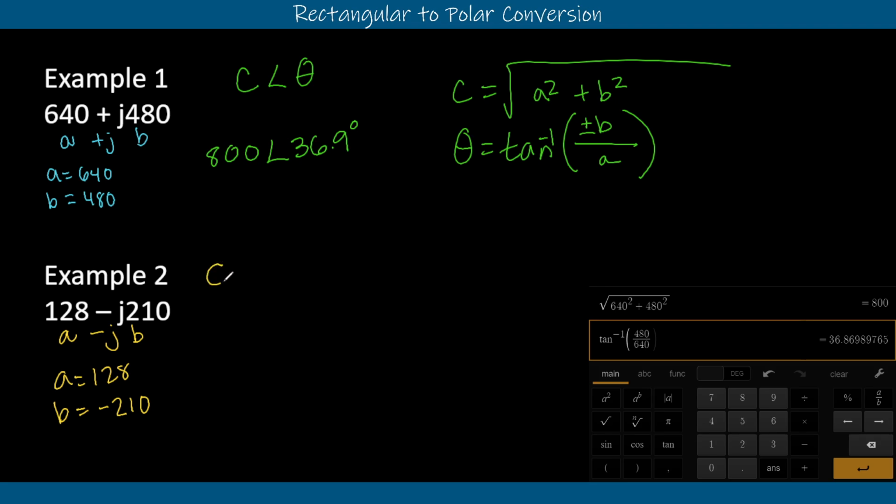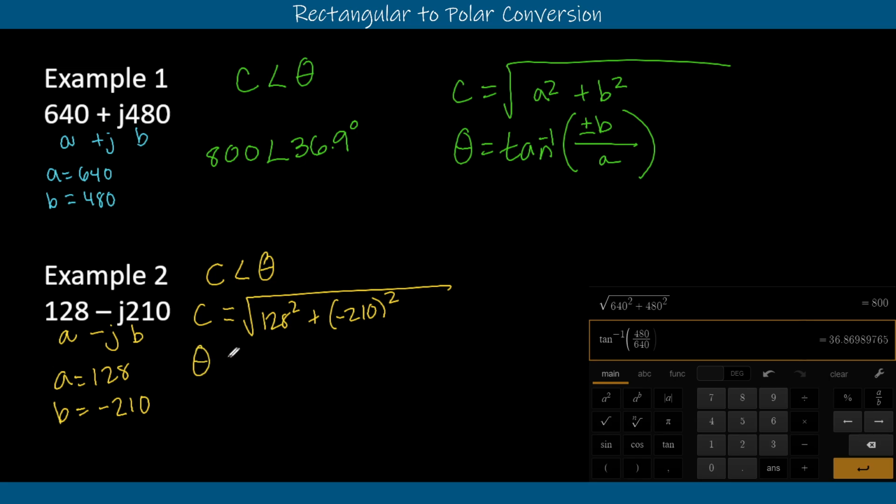We're aiming at C at an angle of theta, and C is equal to the square root of A squared, so 128 squared, plus B squared, which is -210 squared. If we multiply a negative by a negative, we end up with a positive, so that is what the squaring does here. So the negative does not matter much for the square root equation, but it matters a lot for the tangent equation.